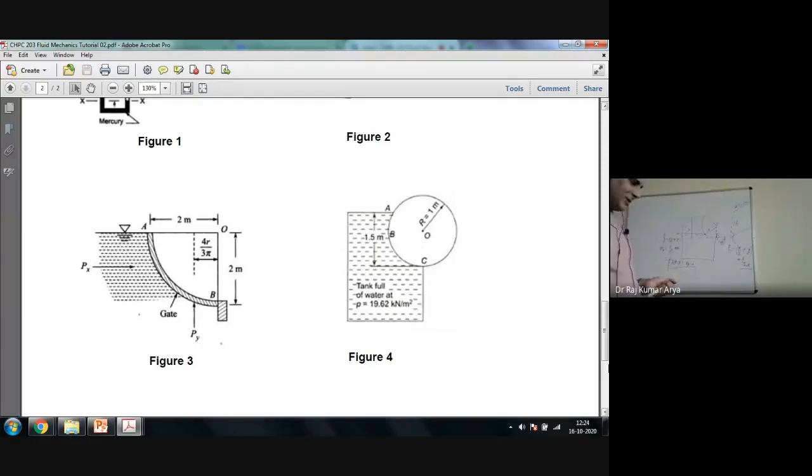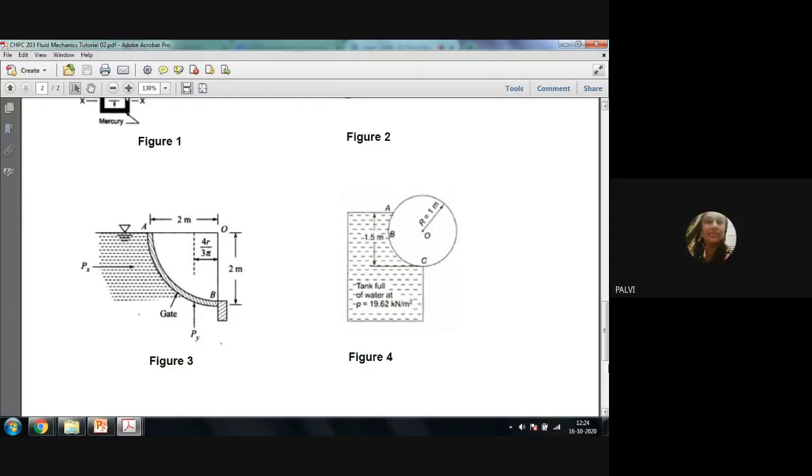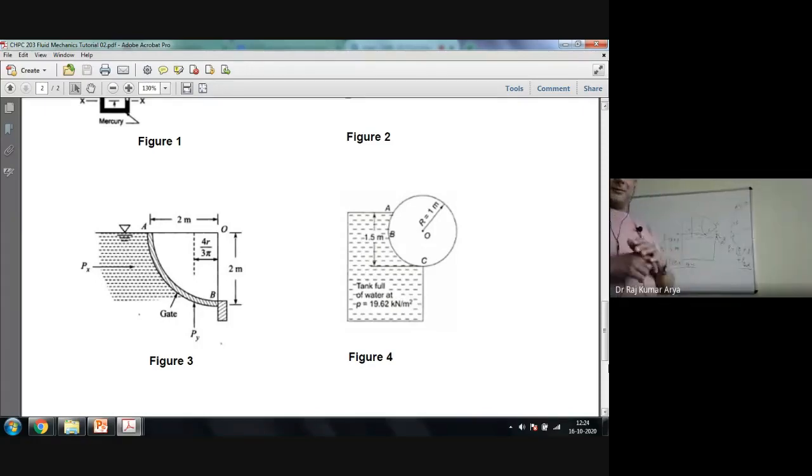Don't worry, that will also be done. So in case of the vertical force, we have always talked previously that it is actually just the weight of the fluid displaced. Simple only. Just the weight of the fluid displaced, nothing else.